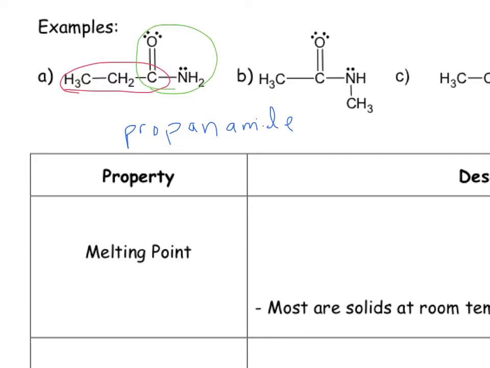Because there are no other carbons attached to the nitrogen or no side chains off of my parent, the molecule's final name is propanamide. This would be an example of a primary amide because my nitrogen is only attached to 1 carbon.